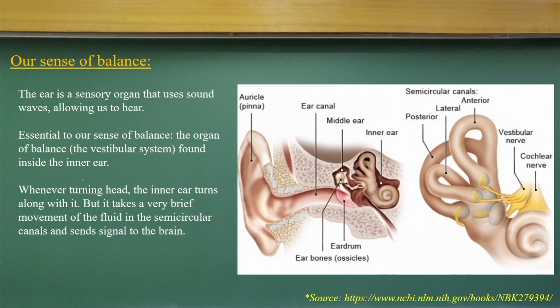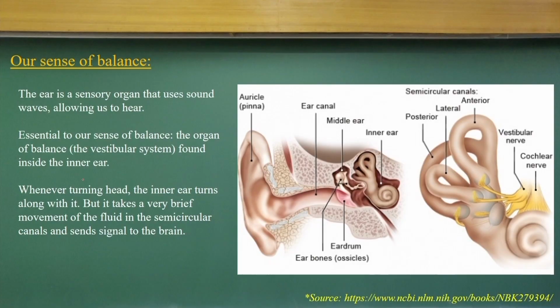Let me conclude these lectures with the sense of balance of organ systems. We know the ears are for acoustic sound waves, which is the reason we can hear, and whatever I am speaking you can hear because of the ear, which is a sensory organ that uses sound waves to allow us to hear.